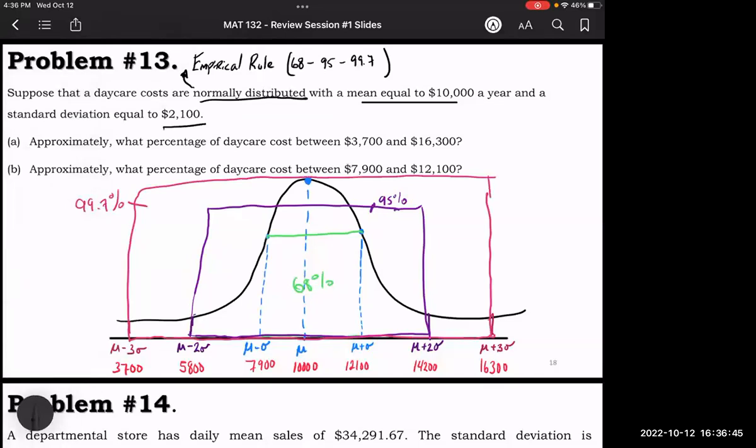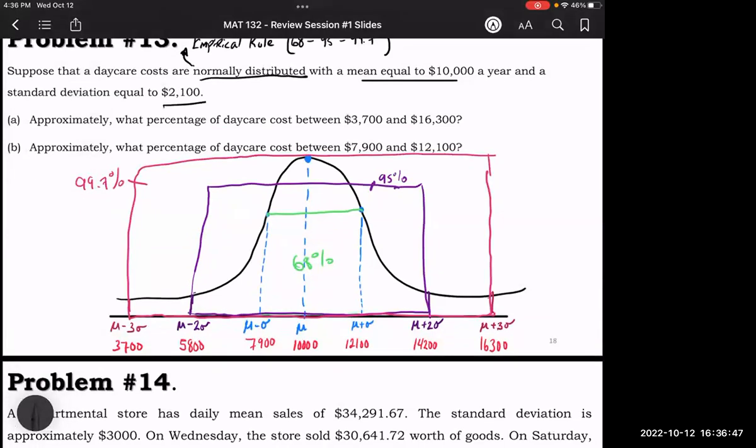Look at your ranges, 3,700 to 16,300. How many standard deviations within the mean are you? 1, 2, or 3? Try again. 3, right? From 3,700 to 16,300, that is within 3 standard deviations.